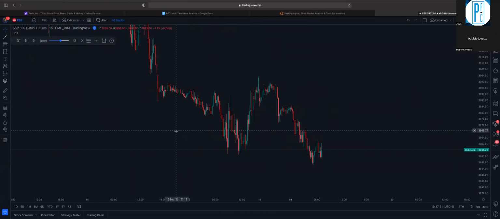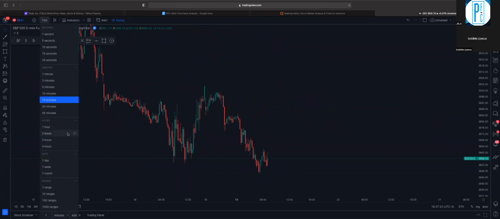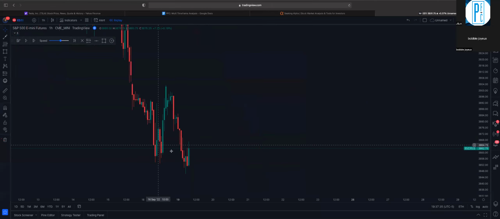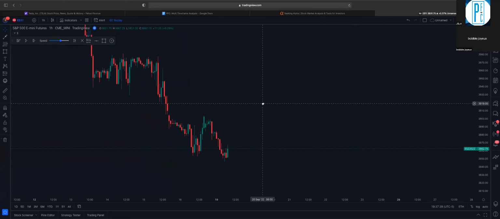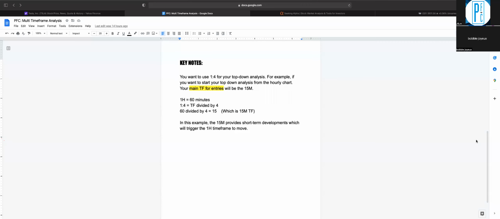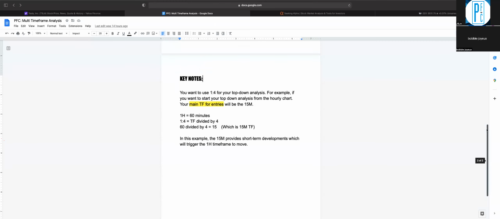Okay, so starting from the 1 hour. So if we're using multi-time frame analysis, remember we're starting from the higher time frames, right? So when we go back to our notes, we're on the 1 hour time frame.